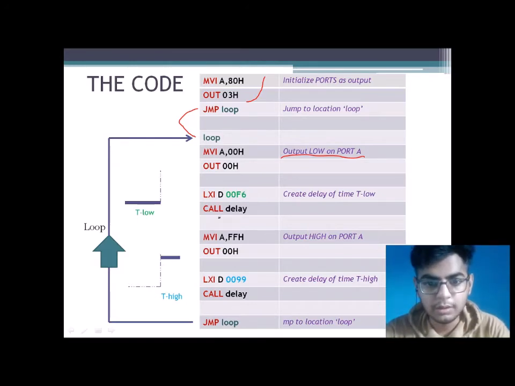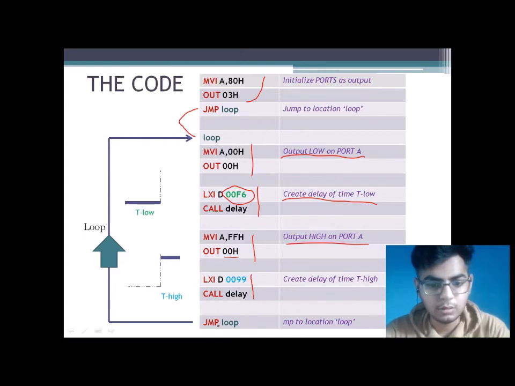So we call the delay function, and give this delay as a parameter to the function, which creates a delay of time low. Now similarly, this is how we put high, and this is how we put low, and this is our delay of low, and this is the delay of high.